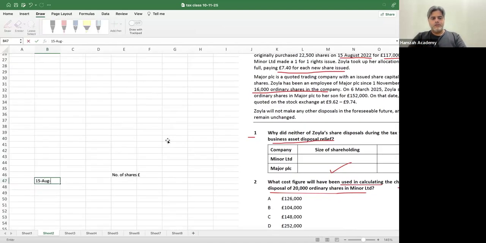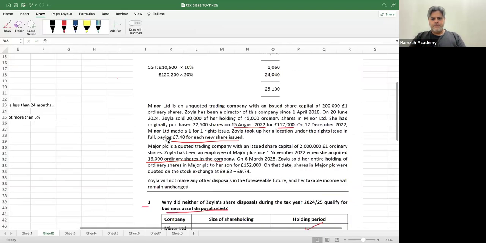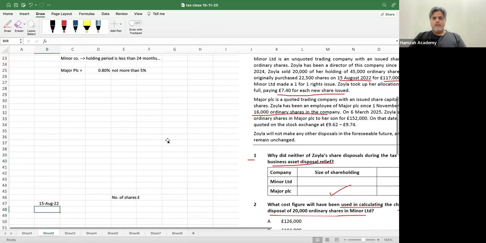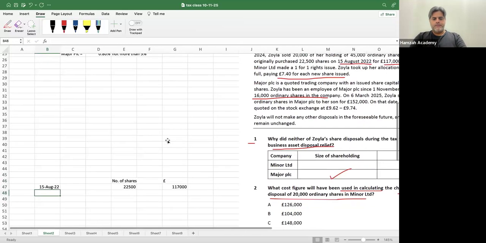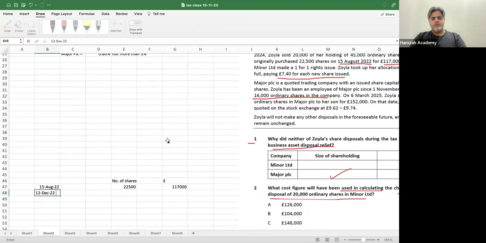15th August 2022, yeah. 22,500 shares, and they were bought for 117,000. And then on 15th December 2022, there has been a rights issue of 1 for 1 share at 7.4.